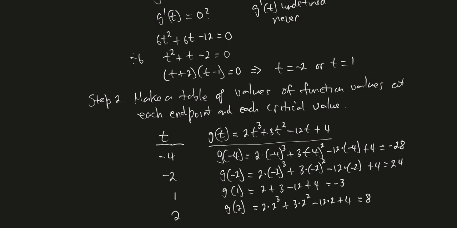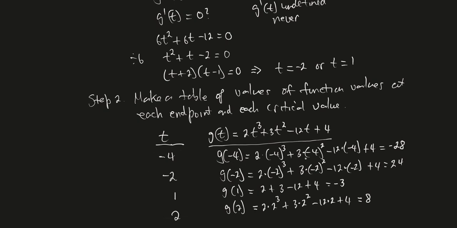We have our 4 function values from this list. These are essentially the possible locations of the absolute min and absolute max. These are the only possible ones based on the extreme value theorem.